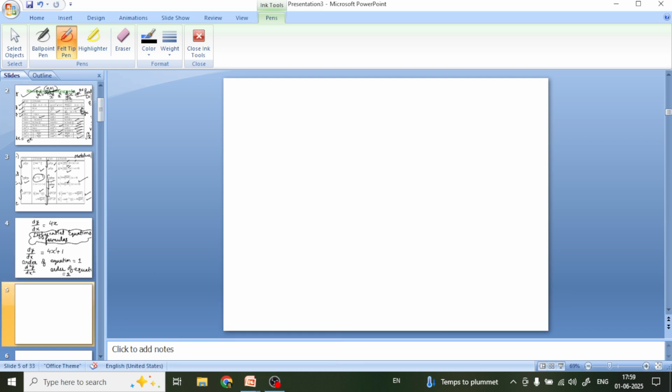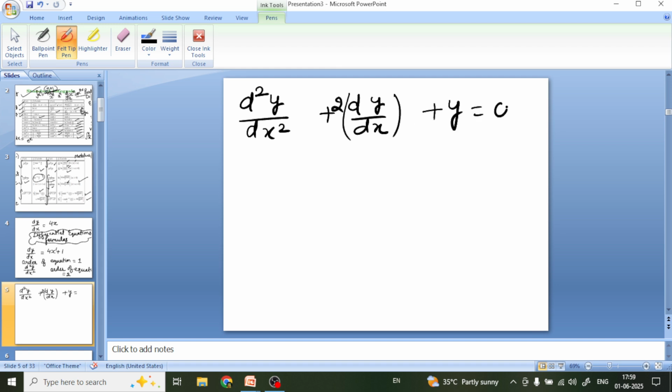Okay. If you are given this type of equation, d square y over dx square plus 2 dy over dx plus y is equal to 0, here the order of the equation will be 2 because the highest order is 2.